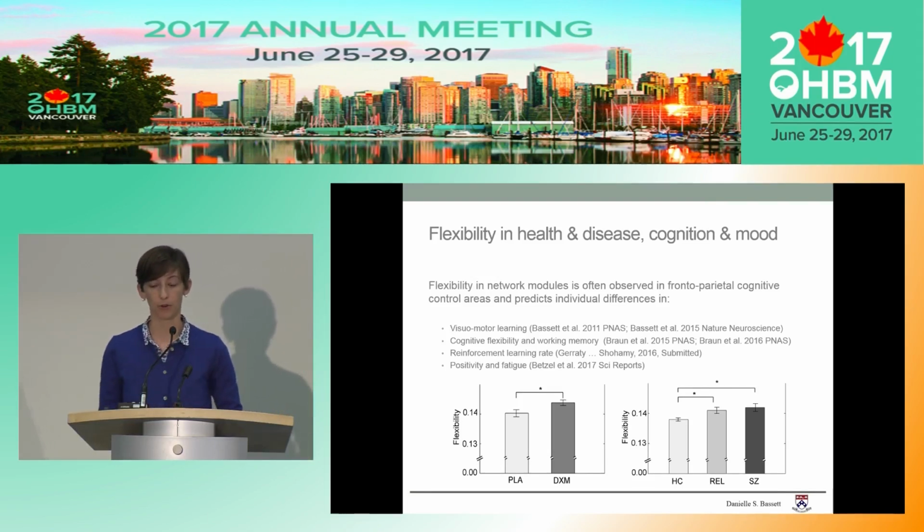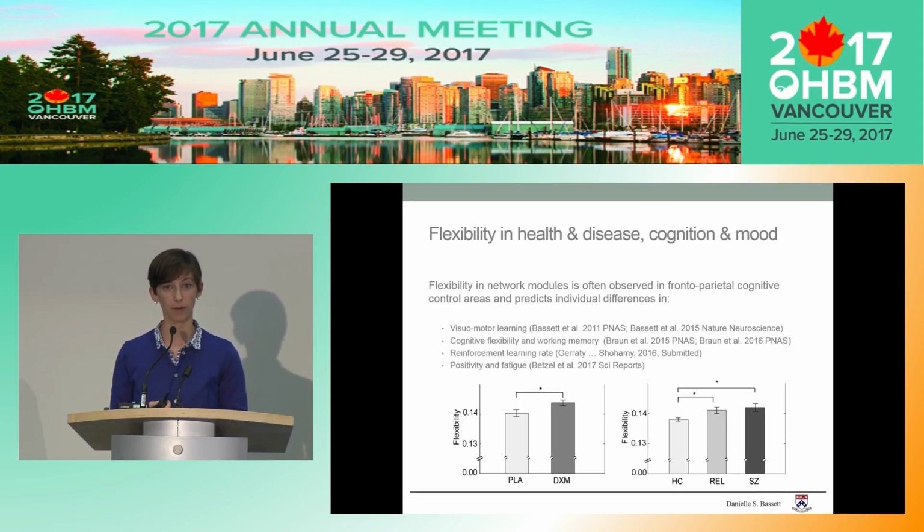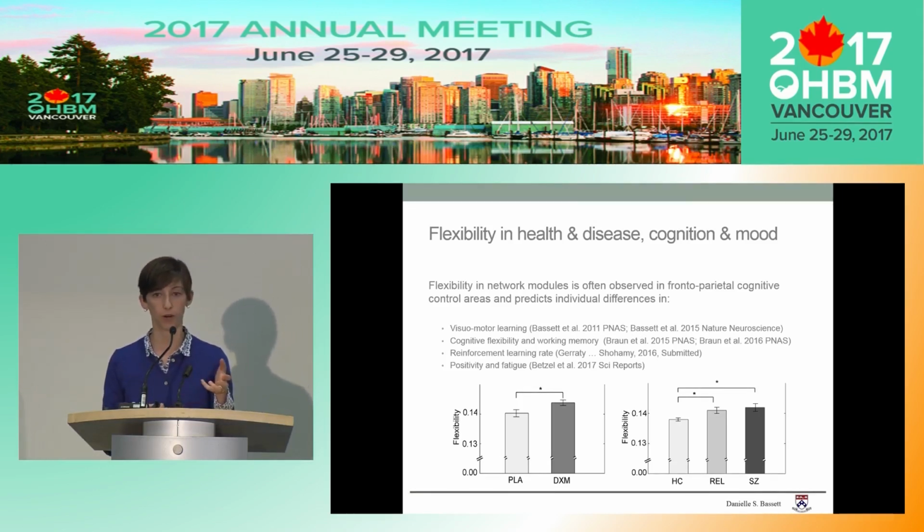On the bottom here, what I'm showing you is that you can also modulate flexibility with drugs. So taking dextromethorphan, which is an NMDA receptor antagonist, increases your flexibility. And that suggests that there is potentially this role for excitatory and inhibitory balance driving this whole brain flexibility.